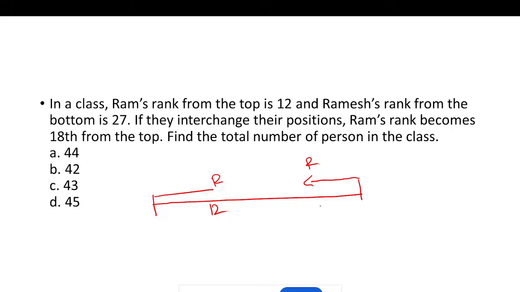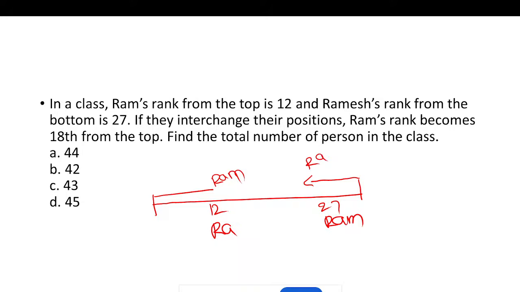If they interchange their positions, Ramesh will come here, Ram will come here. If they interchange their positions, Ram's rank becomes 18th from the top.